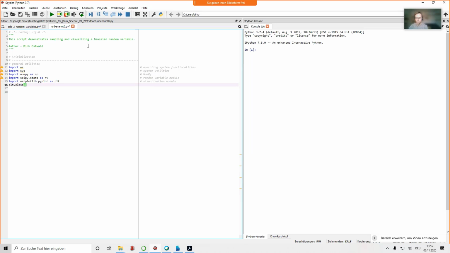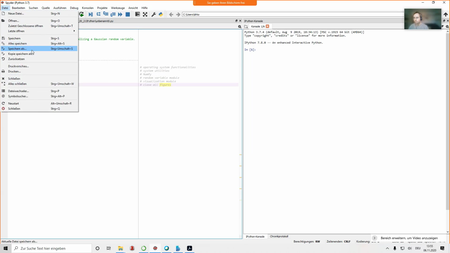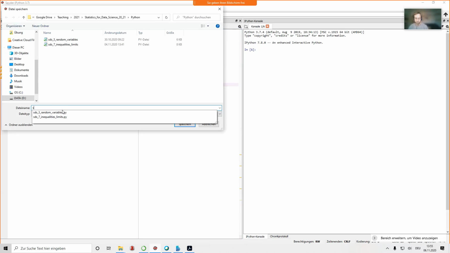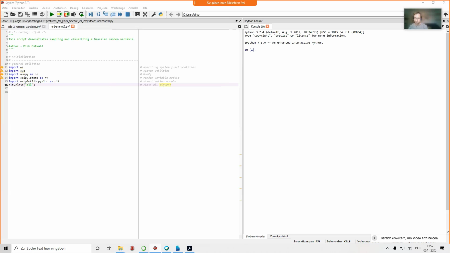So a lot of these simulations are of course there to simulate and visualize things. So to not get too many open figure windows, I close all figures. So let's save this. See whether we have a bug already. No, that looks fine.